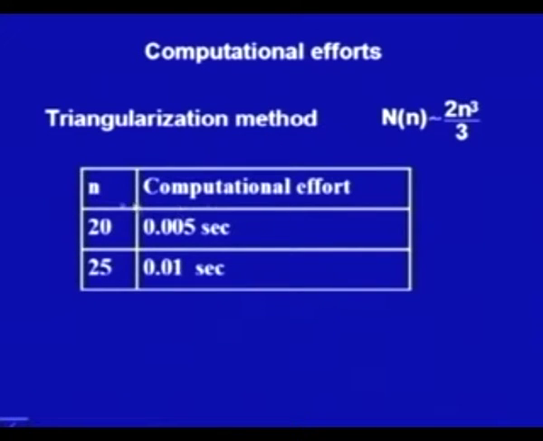This is the table; I am giving the values for 20, because if we are using the triangularization method, then for n equal to 20 the computational effort will reduce to 0.005 second. If you compare it with the earlier case, then this is very small, and when we increase n to 25, then 0.01 second will be required to compute the determinant by this particular method.